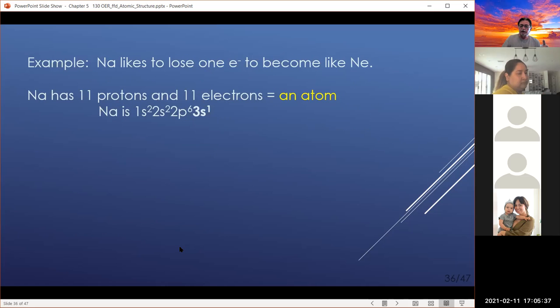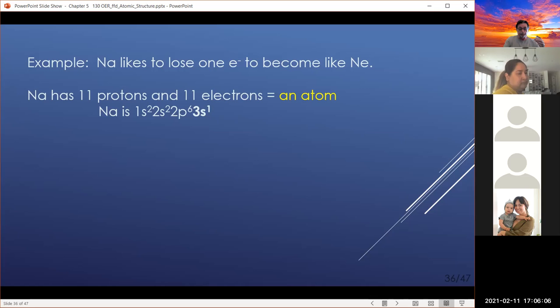Okay. Let's take a look at sodium. Sodium, its electron configuration is 1s2, 2s2, 2p6, and then its valence shell, 3s1. We talked about this earlier. Sodium, being a metal, is going to lose an electron, and it's going to lose the one that's hanging out there all by itself. It won't lose any more. It won't lose any from the second energy level because it's full.